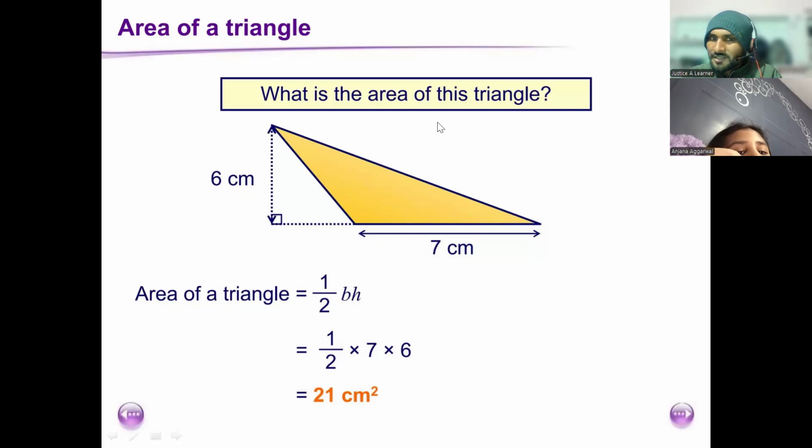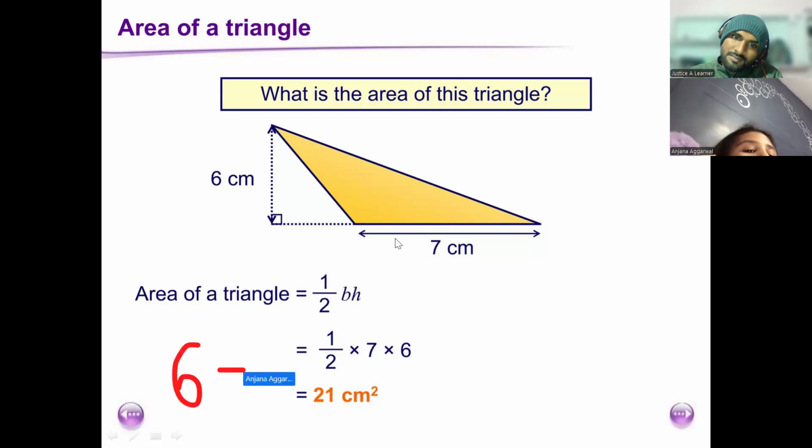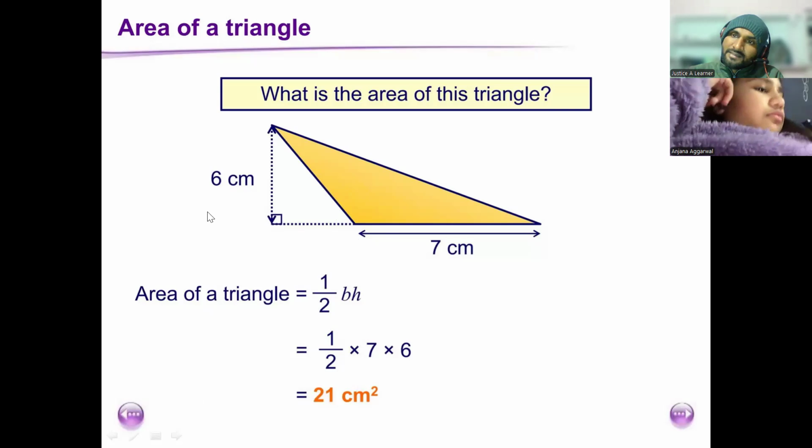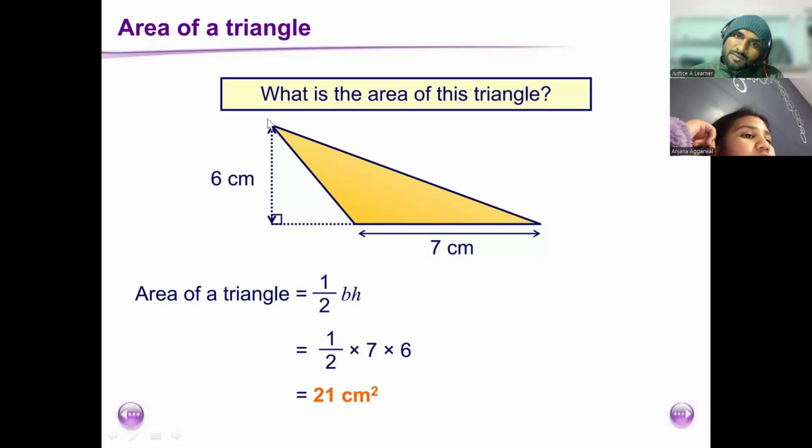Somehow we are able to find the height. So this imaginary perpendicular gives the height of 6 centimeter, but the baseline is only 7 centimeter. Do you get that?